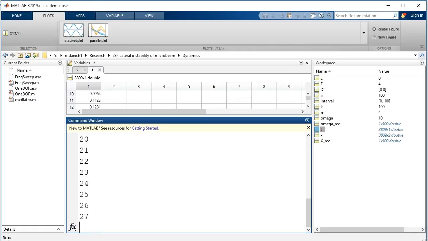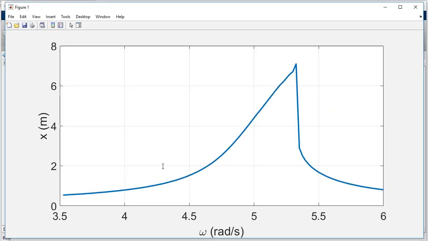Again, let's go to the MATLAB window here. So the code is running. I want to just show you an interesting phenomenon that happens when the system becomes slightly nonlinear. We had one simple nonlinear term, small compared to the spring constant. The k was 100 and alpha was 1.